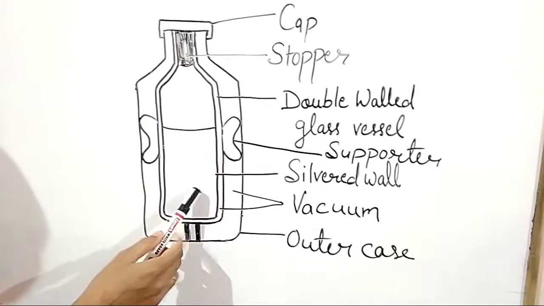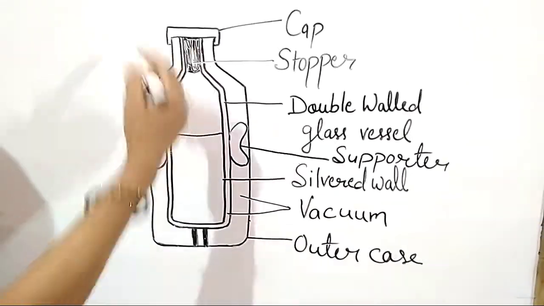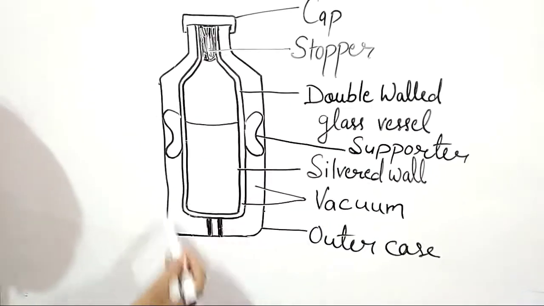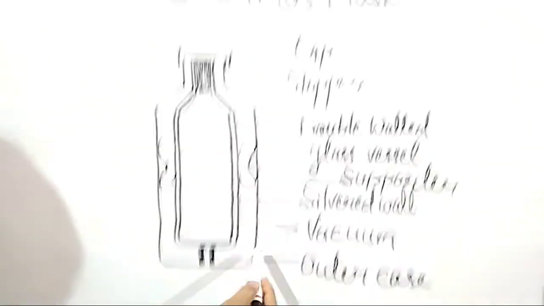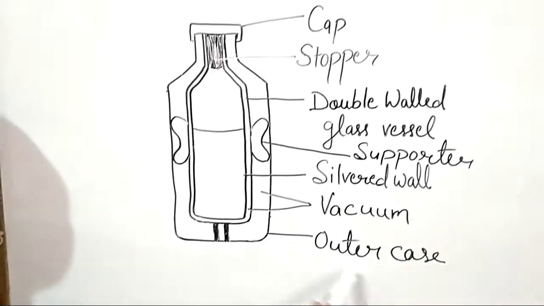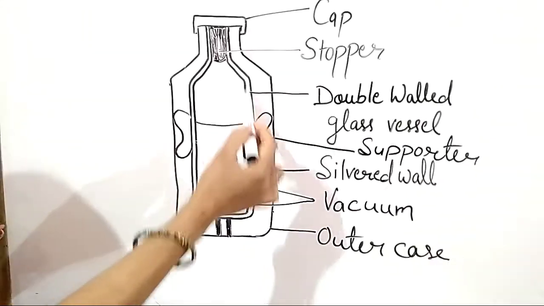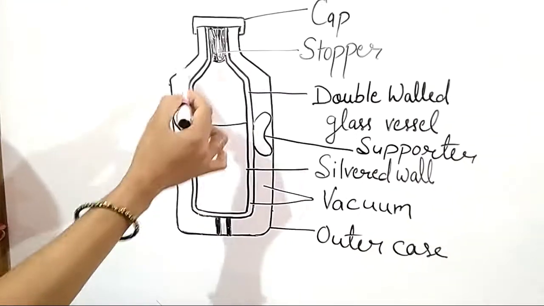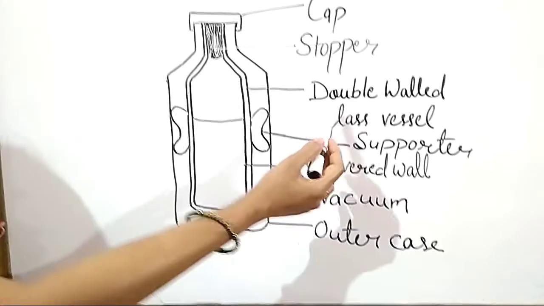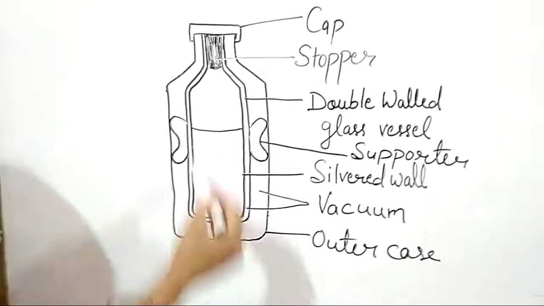So let's start with the structure of the thermos flask. As you can see, this is the outer layer of the bottle. This is known as outer case. After this, you can see here, this is double walled glass vessel.